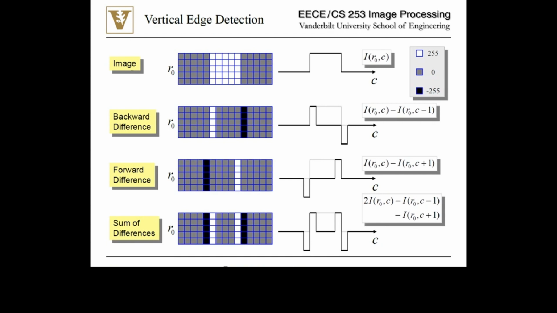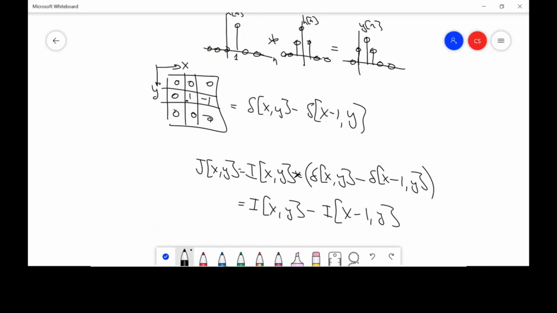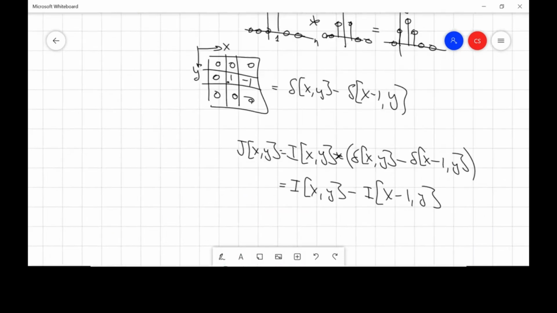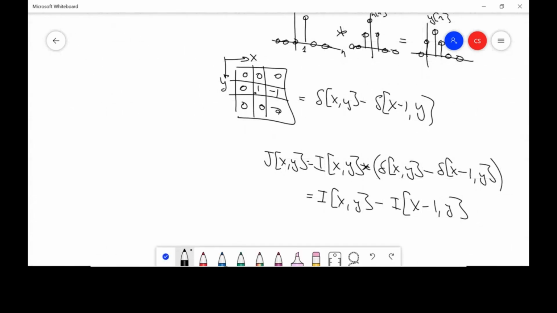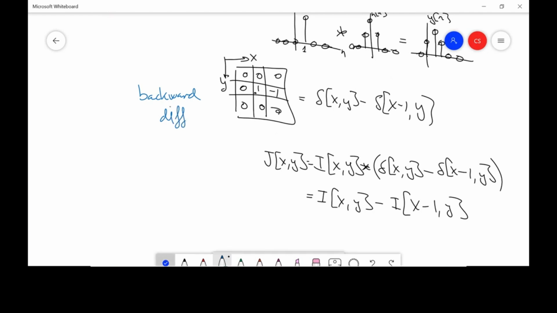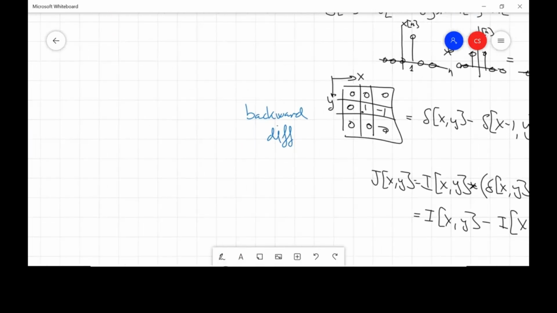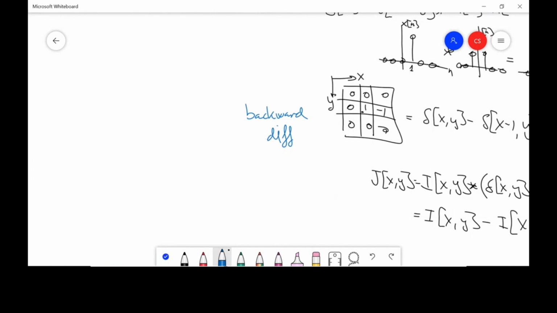But I could have designed my kernel like this. So this kernel is called, let's make it, backward difference. But I could have designed my kernel in this way.